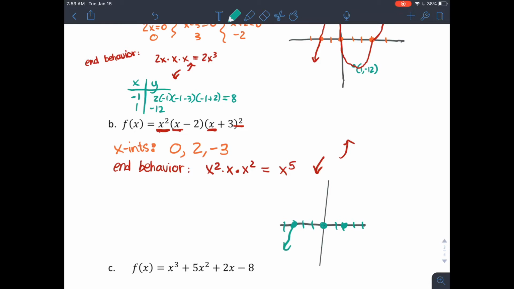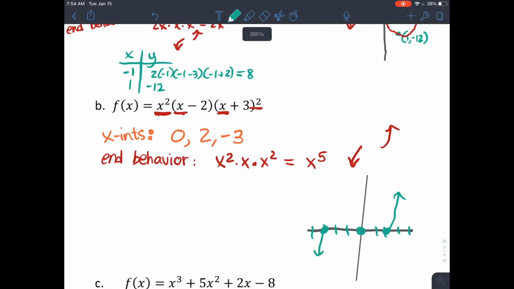and then think about the factors that I have in my original and the multiplicities of each one, instead of making this XY chart, which you could do if you want to, if you look at your factors of x squared and x plus 3, those factors have even multiplicities. So you're going to have your graph just touch the x-axis at -3 and at 0. It's not going to cross it there.